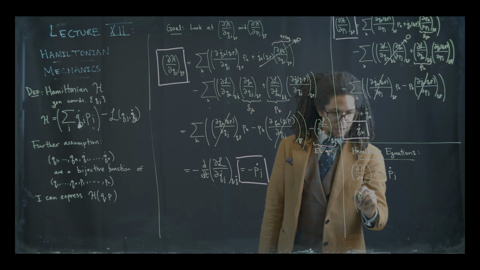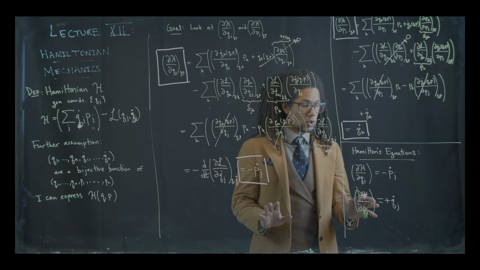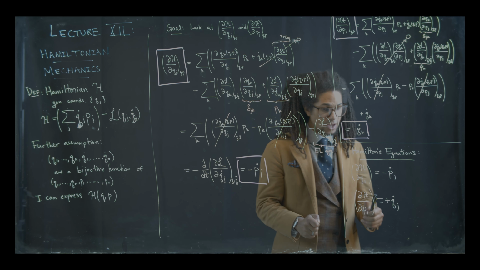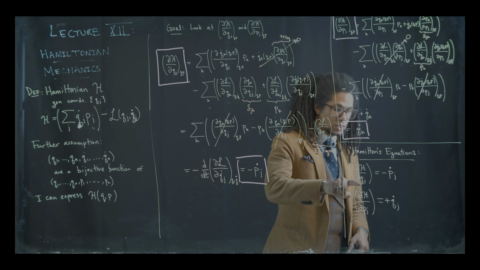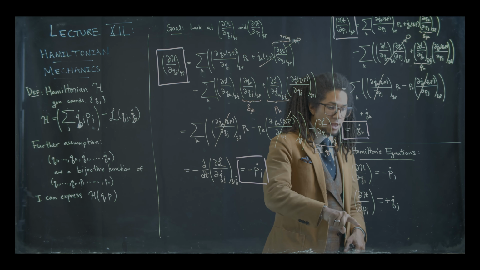Okay, and I've dropped my subscripts that tell me what to fix. That's because, notice that by doing things in this way, I've eliminated all reliance of my equations on the Lagrangian at all, or the Lagrangian's generalized coordinates. Now, everything only depends on q's and p's. So I can solve for the trajectory in qp space simply by knowing the Hamiltonian, which is a function in qp space.